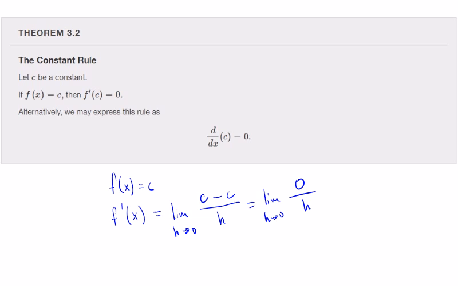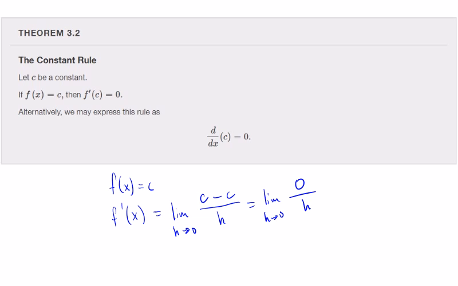And we've seen some 0 over 0 situations where we can reduce and cancel and things like that. But this is a little different, because if I just have 0 on top and I approach 0, think about if I plug in numbers for h that are really, really close to 0, it really doesn't matter, because if I do 0 divided by those numbers, I'm always going to get 0, right? So 0 divided by 0.1 is going to be 0. 0 divided by 0.01 is going to be 0. 0 divided by 0.001 is going to be 0, and so forth and so on.